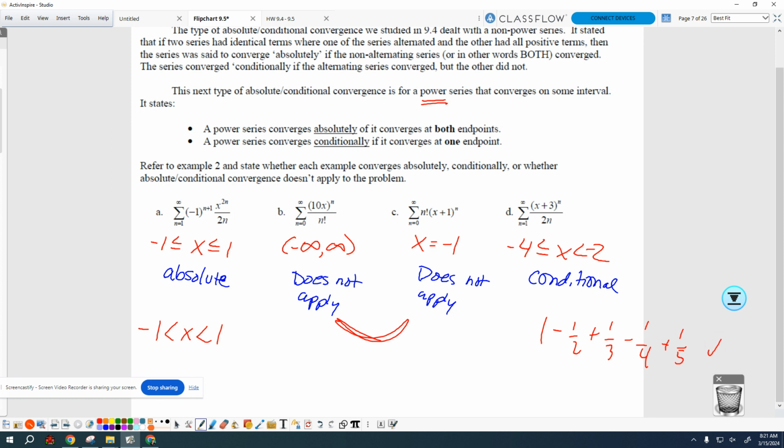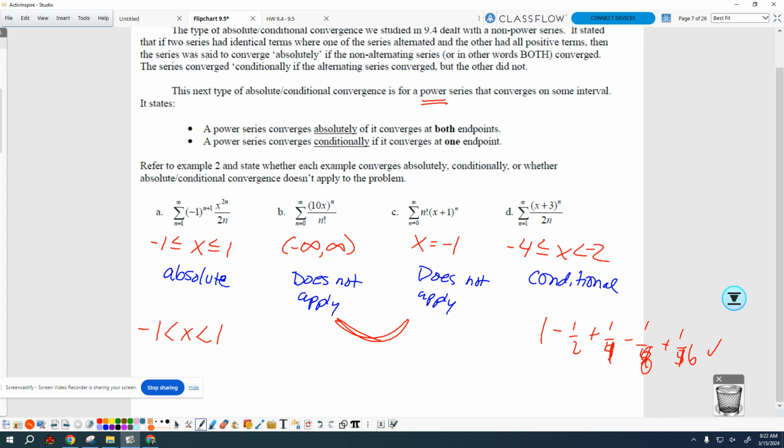So this one converges conditionally, versus powers of 2, where it didn't matter if it alternated or not, that converges absolutely. Endpoints, if both endpoints are in or both are out, there was no condition, they converge absolutely. Mix and match, condition.